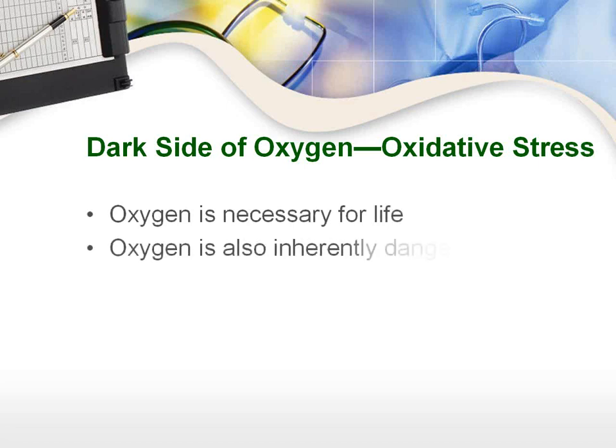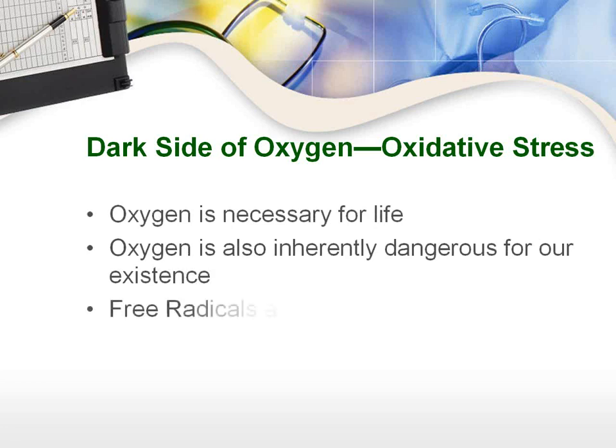What I mean by that is, as you utilize oxygen within the battery or furnace of the cell, which is called the mitochondria, to create energy and life itself, occasionally you create what we call a cellular exhaust, or free radicals. Now, all a free radical is, is a charged oxygen molecule.